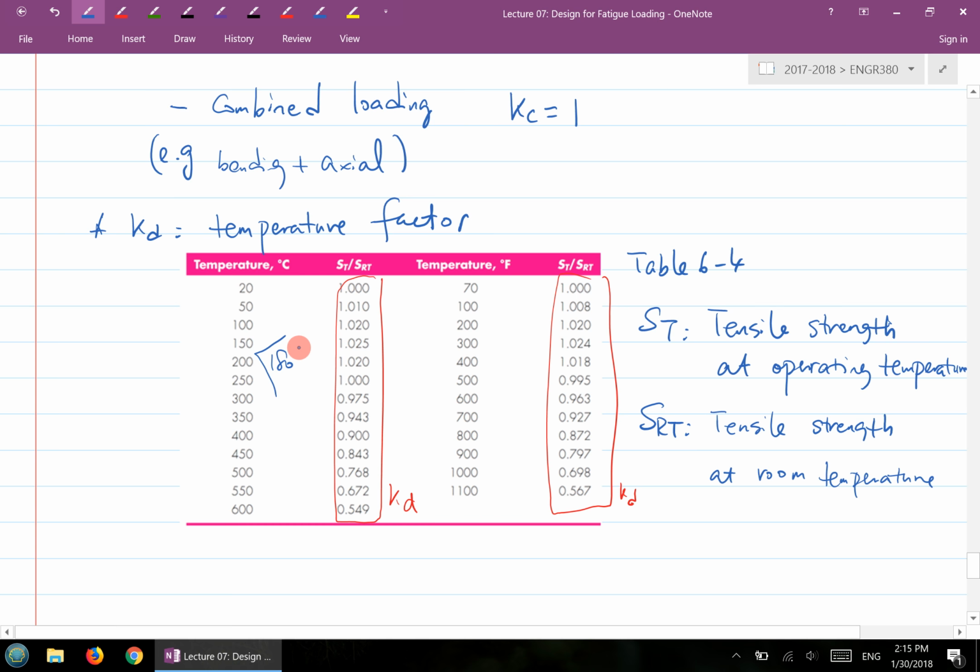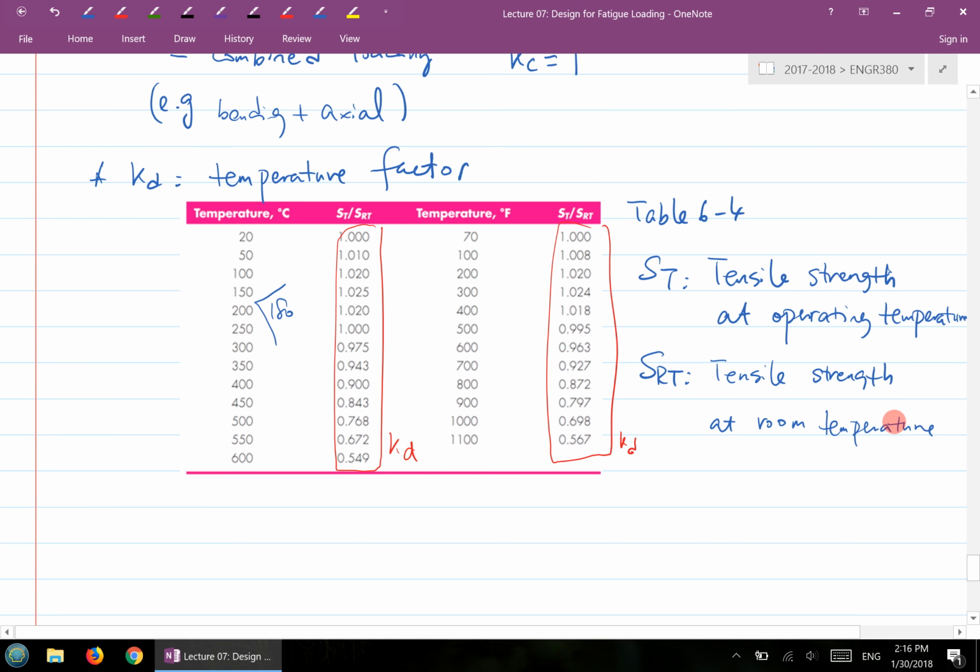So let's say your operating temperature is 180. Then how do you find the Kd then? Right? So what do you do? So you can use the mathematical approach, which is called interpolation. Okay? So you can interpolate to get this Kd value. Okay? Yeah. So basically interpolate if necessary. Good? Yeah. This is your first approach.